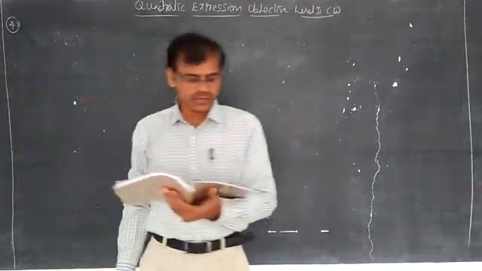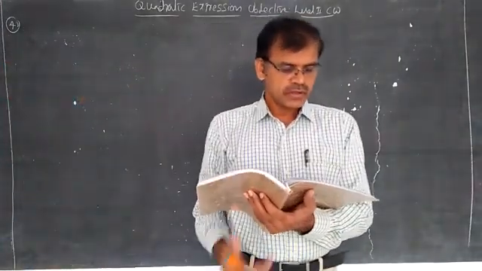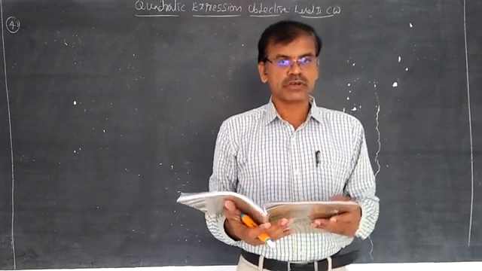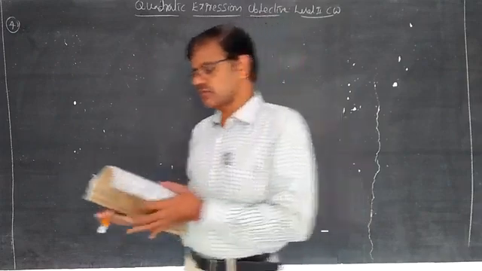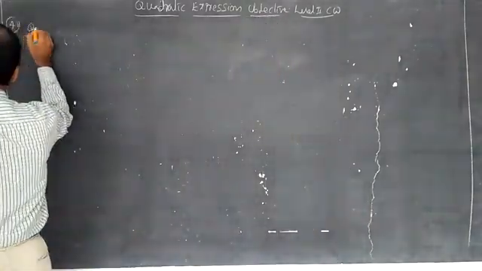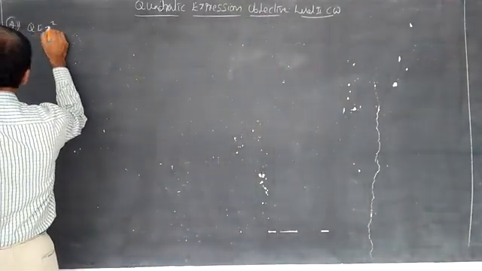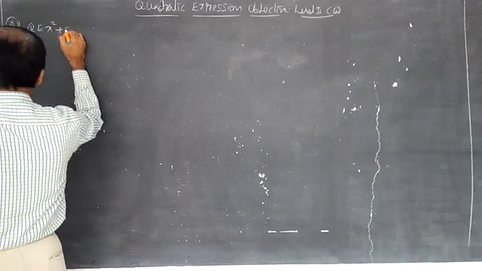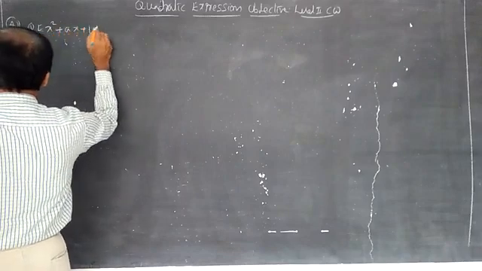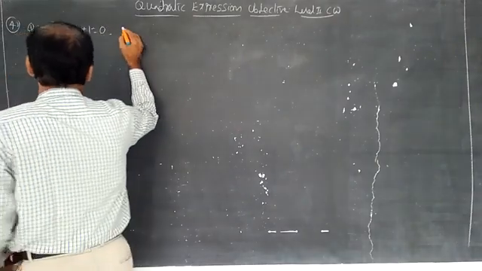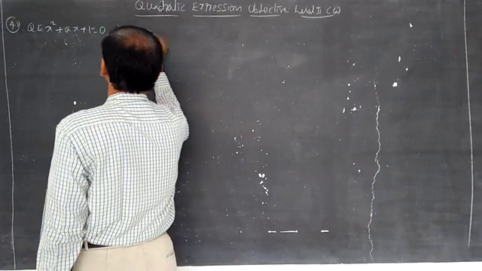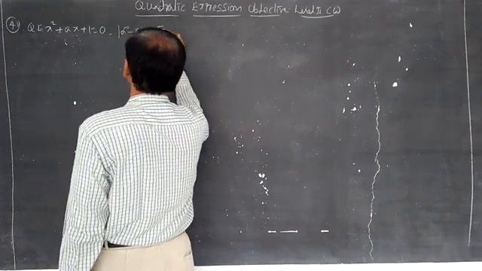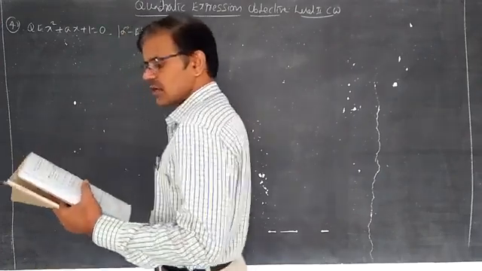If the difference between the roots of the equation x square plus ax plus 1 equal to 0 is less than root 5, then find the set of possible values of a. Given the condition that modulus of alpha minus beta, the difference between the roots, is less than root 5.